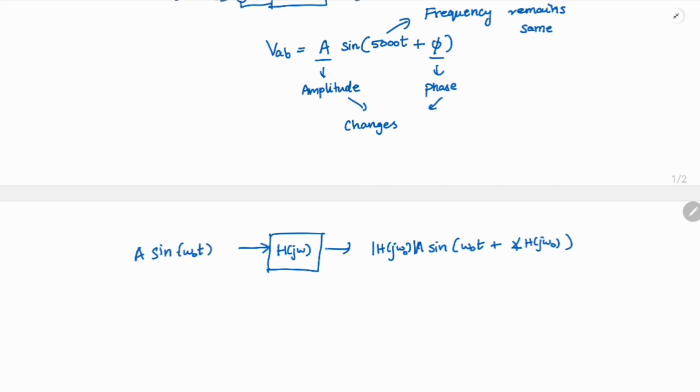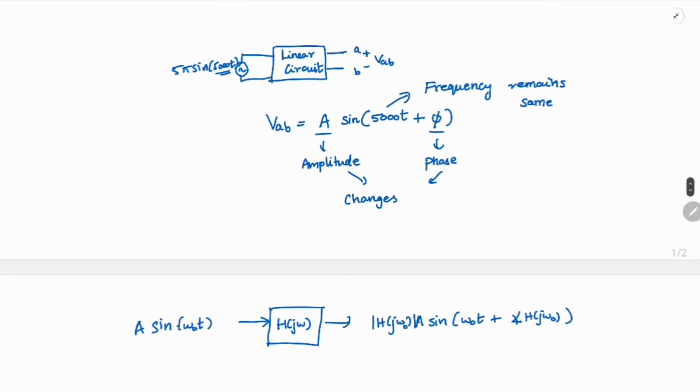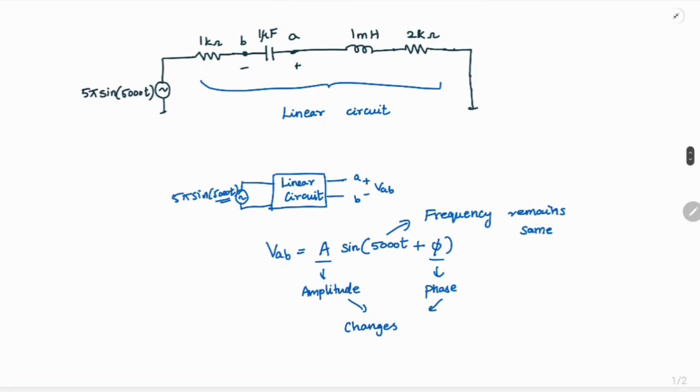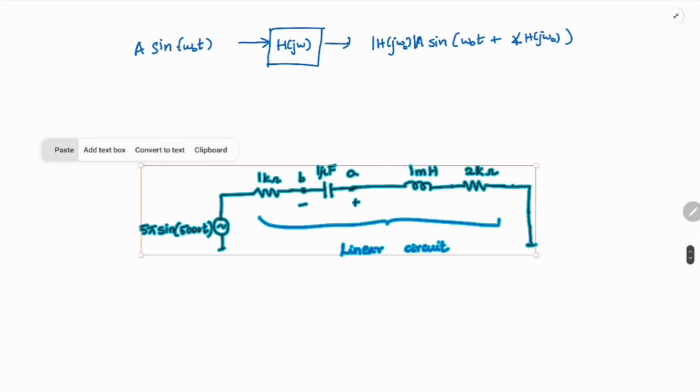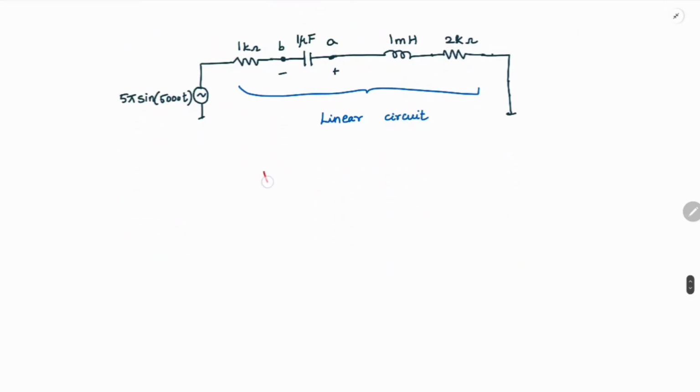So this value is sampled at omega naught and it acts as your amplitude scaling and your phase shift. Here also it is the same because this is a linear circuit. So whatever you do, your VAB is going to be some A sine of 5000 t plus some phi.